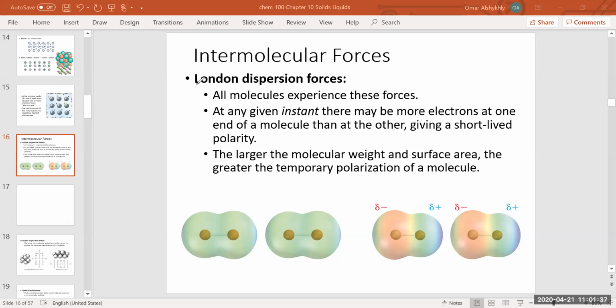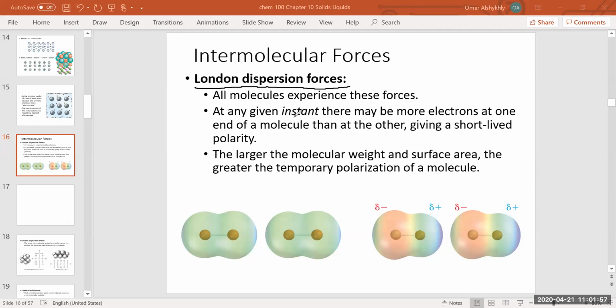The first one is the London dispersion forces. All molecules experience these forces. So first of all, London dispersion forces exist in all types of molecules. What are these forces?